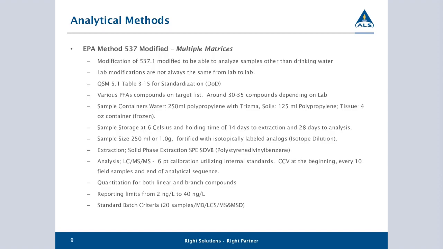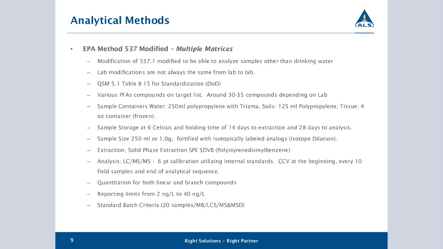So again, you get 4 chemists in the room determining how to modify a method, you're going to get 5 different opinions. So each lab started modifying it, and there was no real focus on meeting the client's objectives. So one lab would do it one way, the other lab would do it the other way. Which one was better? Did they compare to each other if you went from lab to lab?